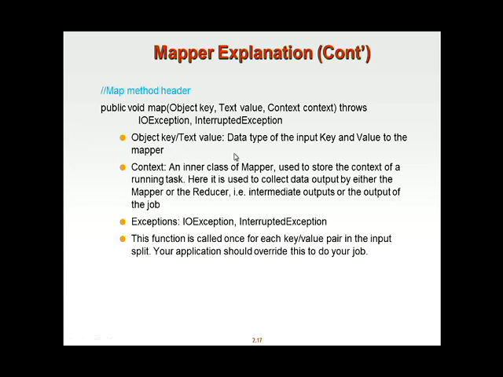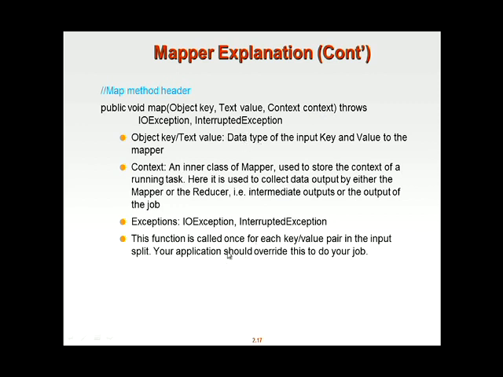And this is an inner class of Mapper, so it is used to store a lot of context of running a task. And in the word count example, this is very simple, right? We just use it to collect the data output. And in the reducer, we also use this object to collect the final output. And we also need to throw some exceptions.